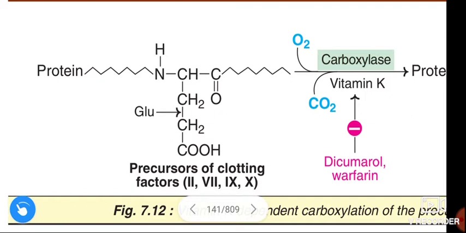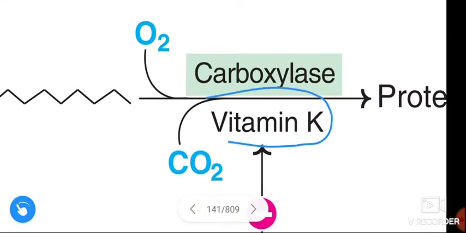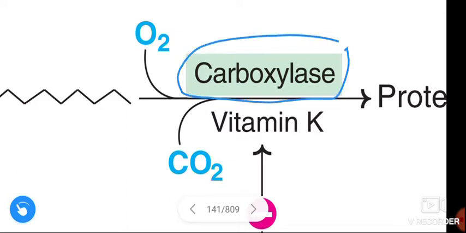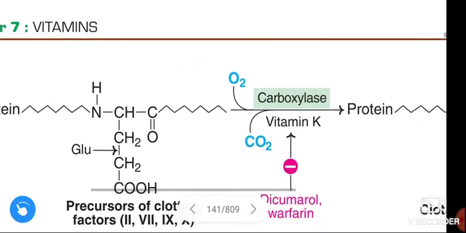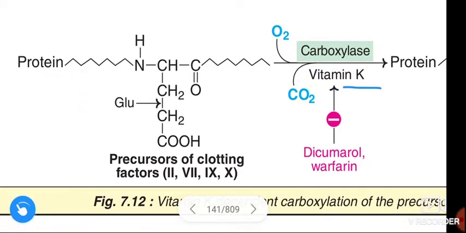In carboxylation of glutamic acid, vitamin K acts as a coenzyme and carboxylase acts as the catalyst.